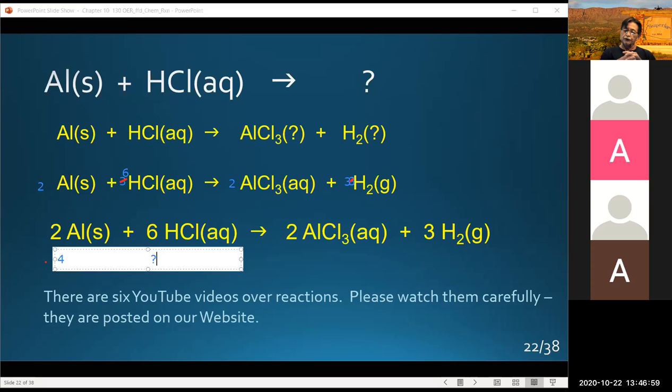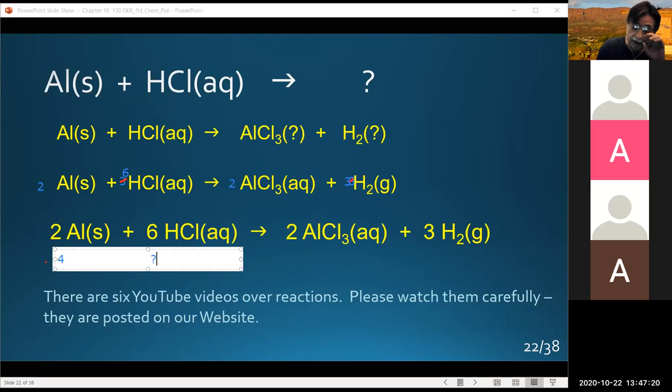What's my ratio there between aluminum and hydrochloric acid? It's 2 to 6. So it's saying for every 2 aluminums, there's 6 hydrochloric acids? That's correct. So if I start off with 4, how many hydrochloric acids do I need? You would need 12, right?